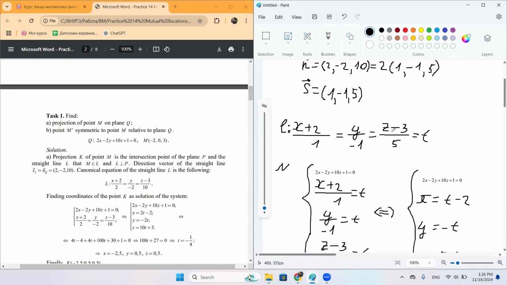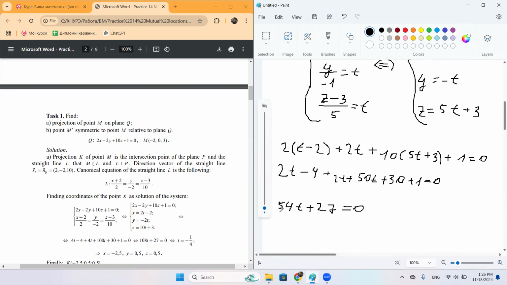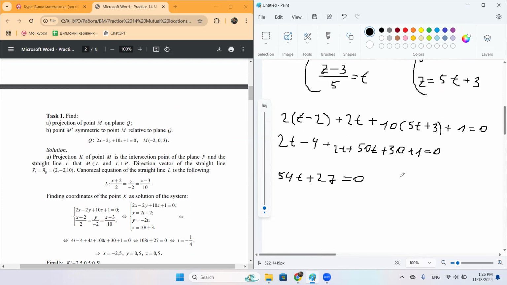But no, it seems okay. I need to recheck it. But what we have for now, so that t equals minus 1 second.